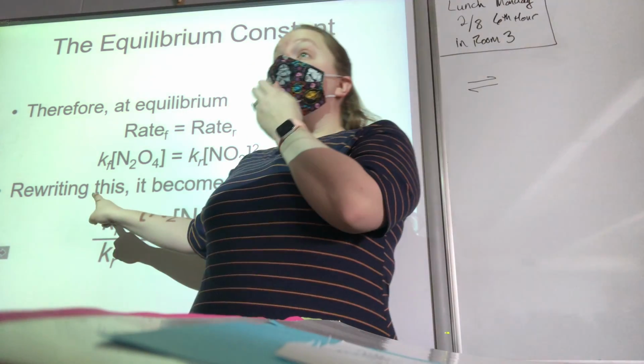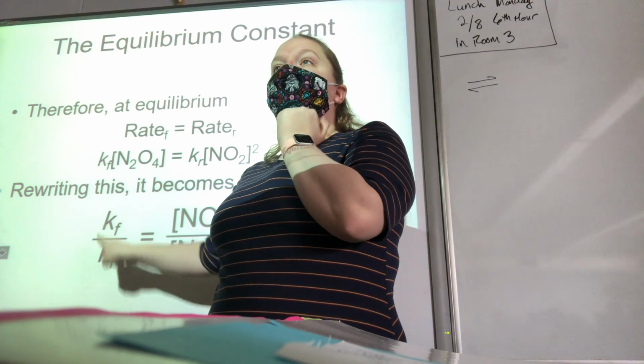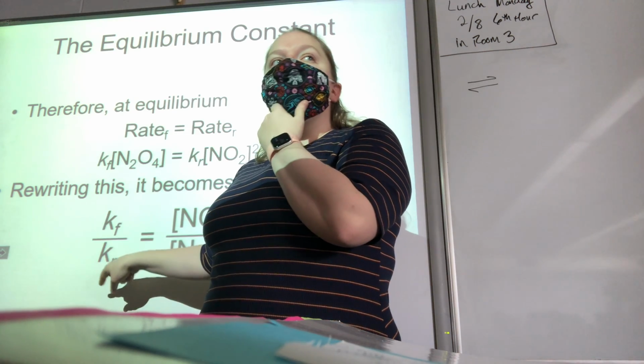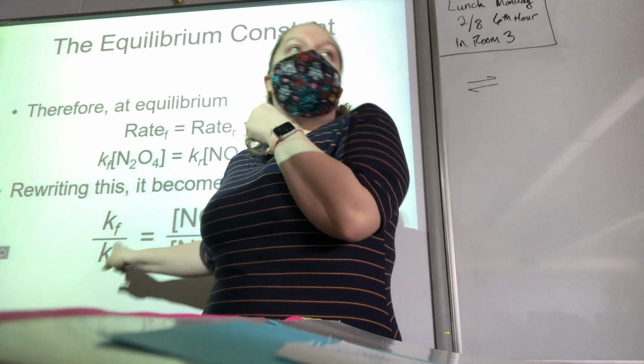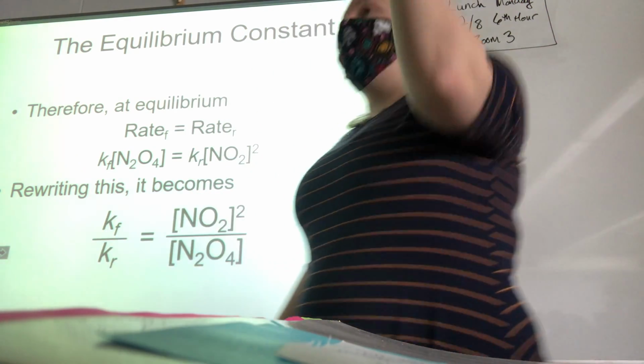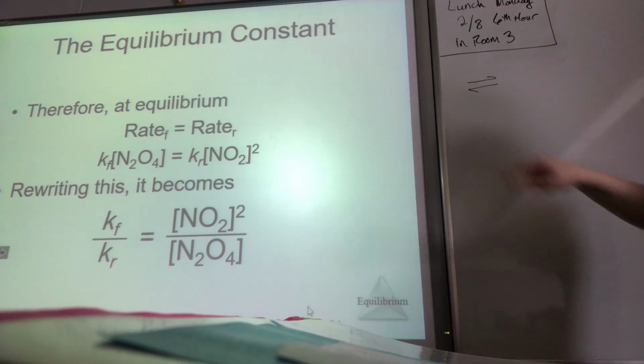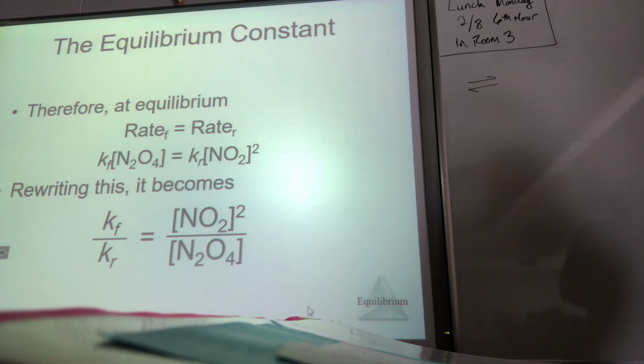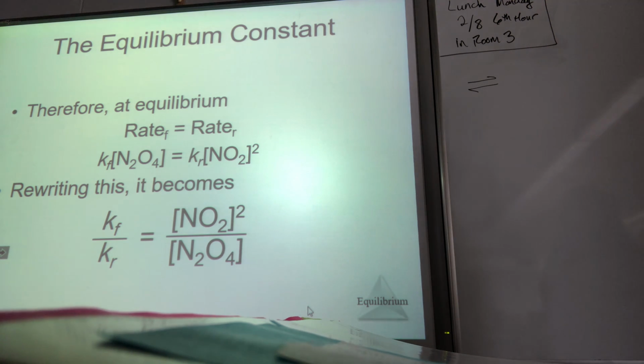And I'll remind you that these are both constants, right? So taking one and dividing by the other is the same thing as just writing one of them. The one we are going to write is the equilibrium constant, capital K. So our lowercase k's are for individual rate laws. Our capital K's are going to be for equilibrium constants.